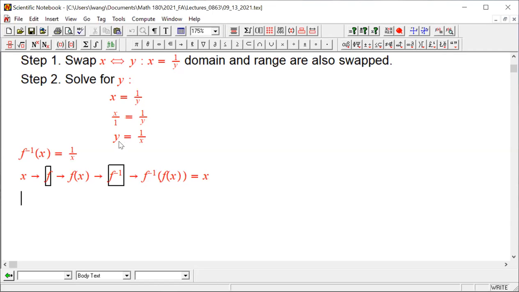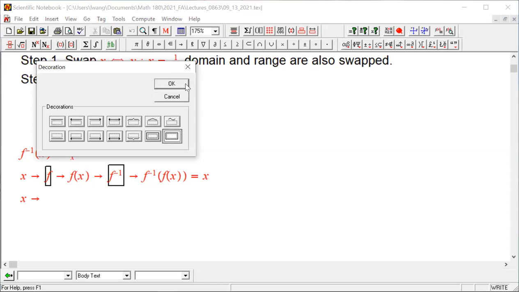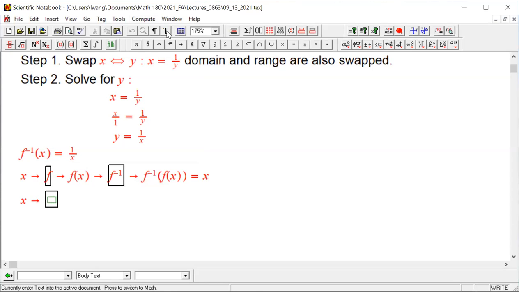Now, another scenario. I take an input from the inverse. So I give it to f inverse, and this is going to produce f inverse of x.